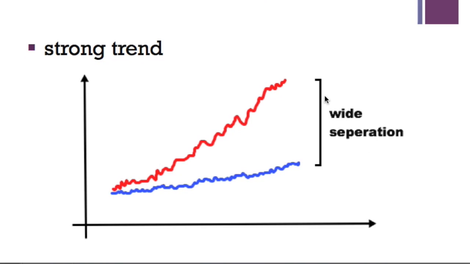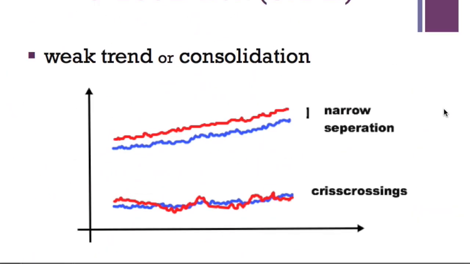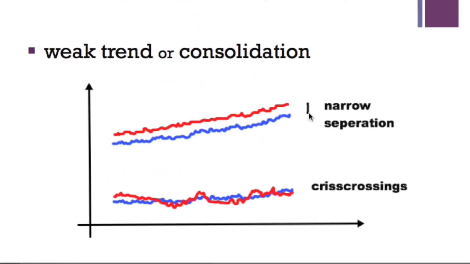If there is a wide separation between the short-term moving averages and the long-term moving averages, this is an indication of a strong trend. If there is a narrow separation or some crisscrossings, then it's either a weak trend or consolidation.